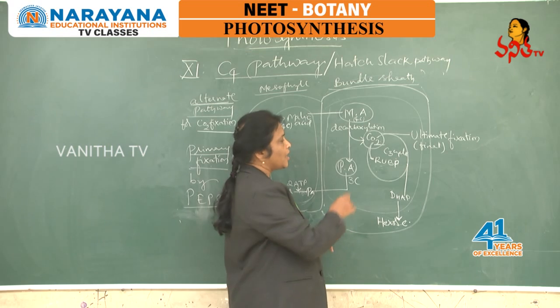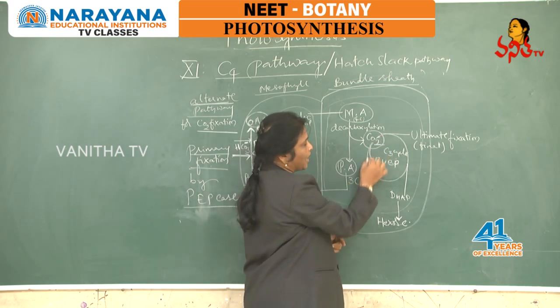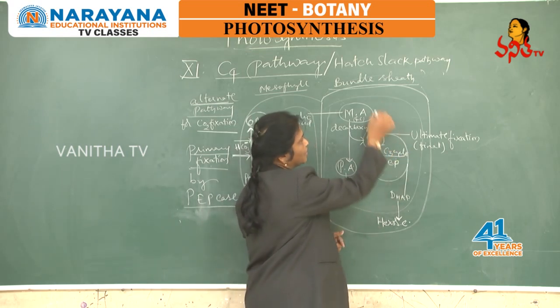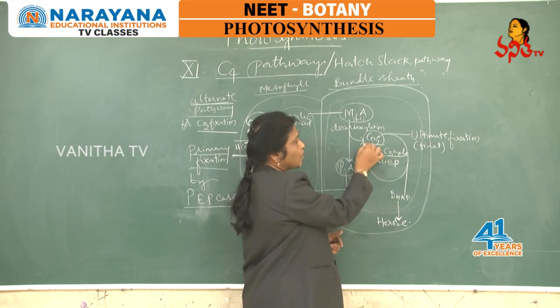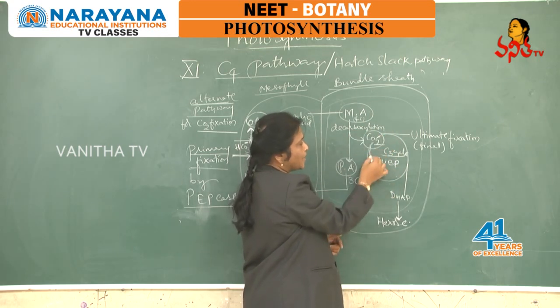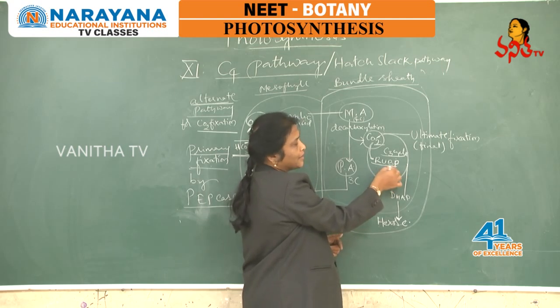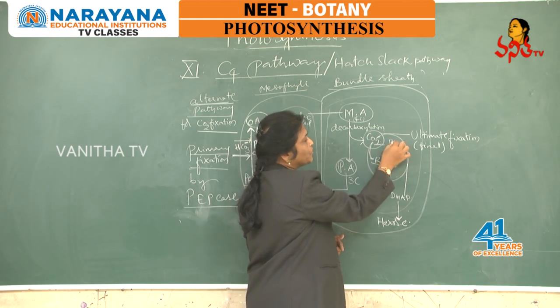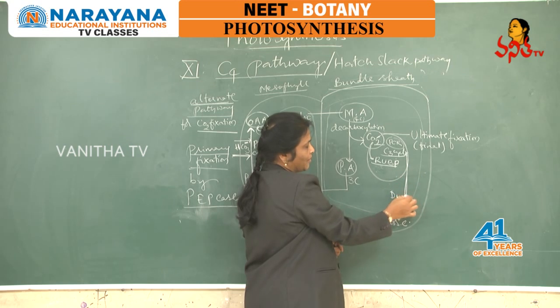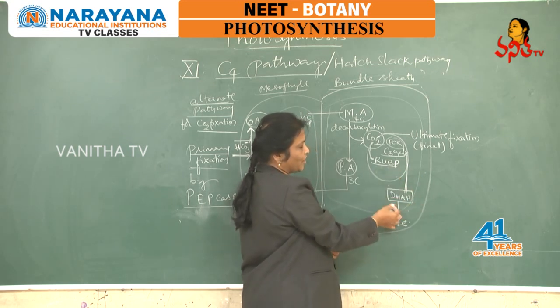Now that carbon dioxide is available to the Calvin cycle reactions that occur in the bundle sheath. The carbon dioxide released from malic acid is accepted by RuBP, the acceptor of the Calvin cycle reactions, and is involved in photosynthetic carbon reduction, with DHAP formation as usual, as we follow in the Calvin cycle.